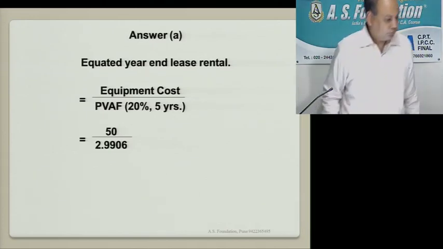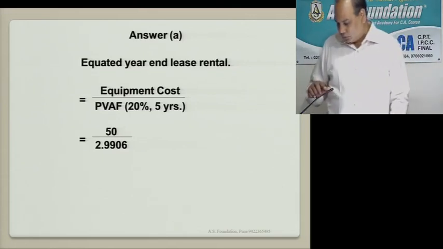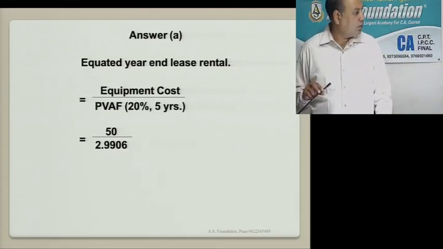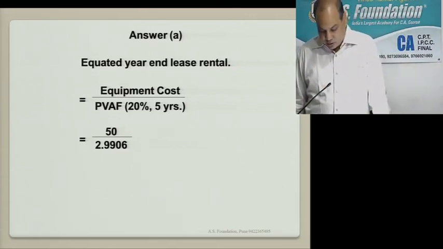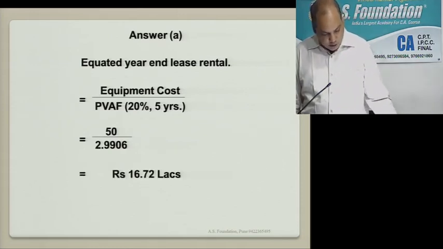Solve. So what is the answer for this? First check annuity factor.